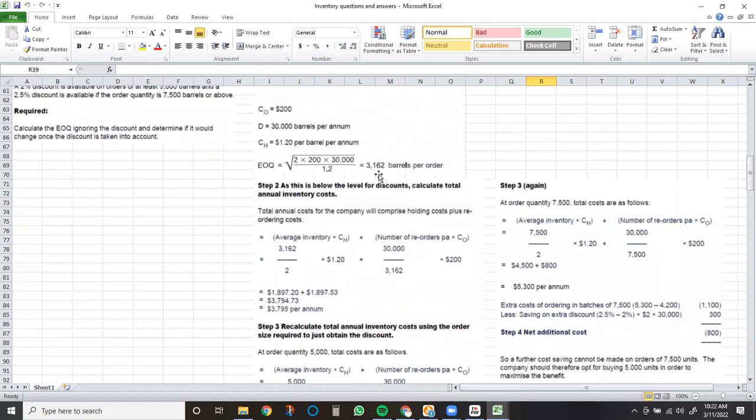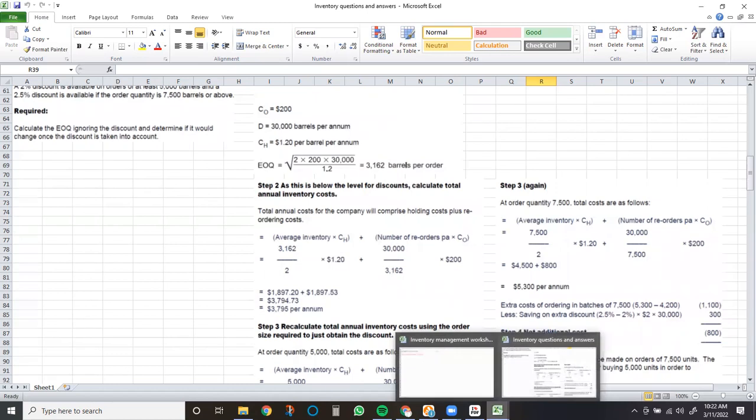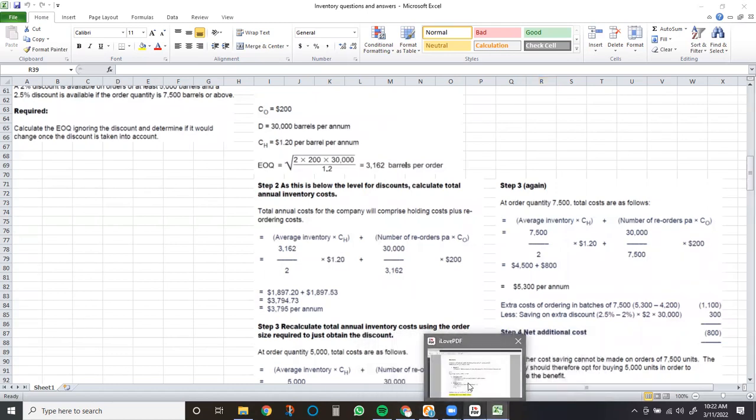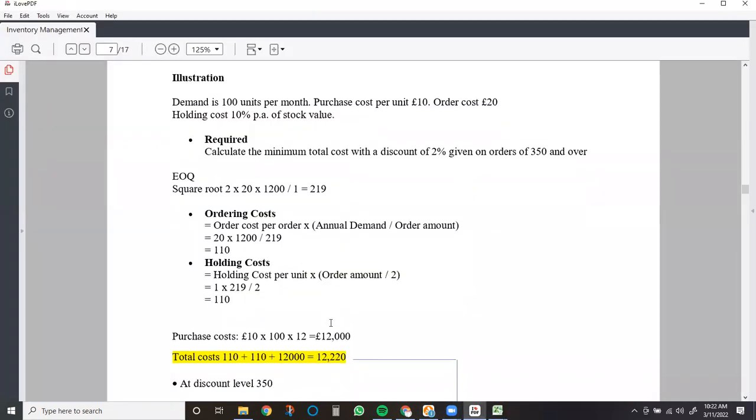It was adjusted. So when you work out these things, although you may use average stock based on the EOQ, if you were to divide the total demand by 3162, there'll be a slight difference in the cost. And that is what I meant just now.